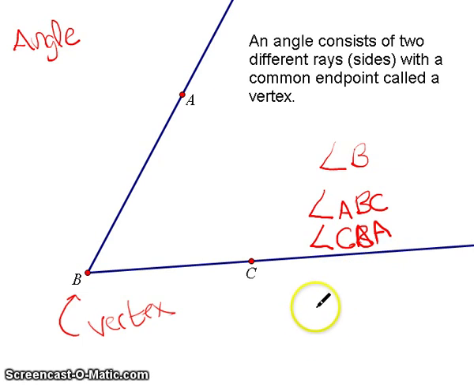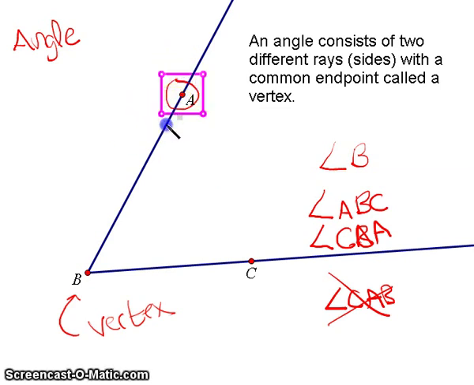Now, the only thing that you have to be really careful of is not to do something like angle CAB. Angle CAB does exist, but it would have a vertex of A, and its rays would be going through B and through C.